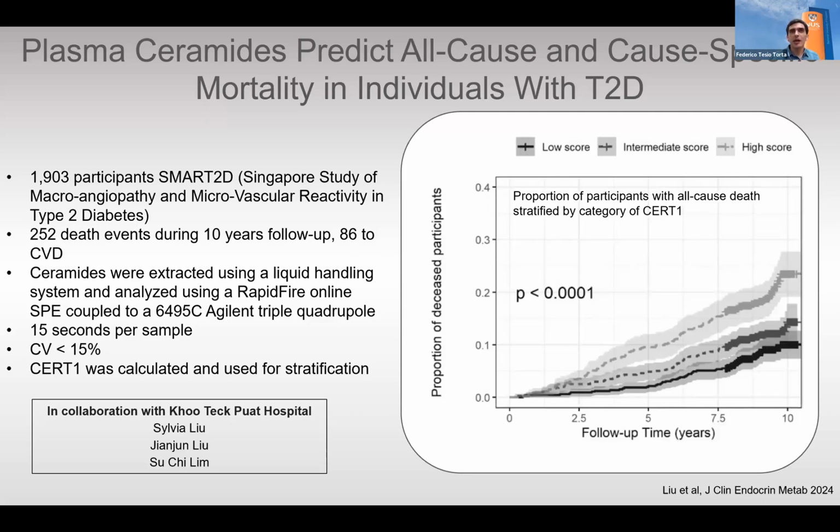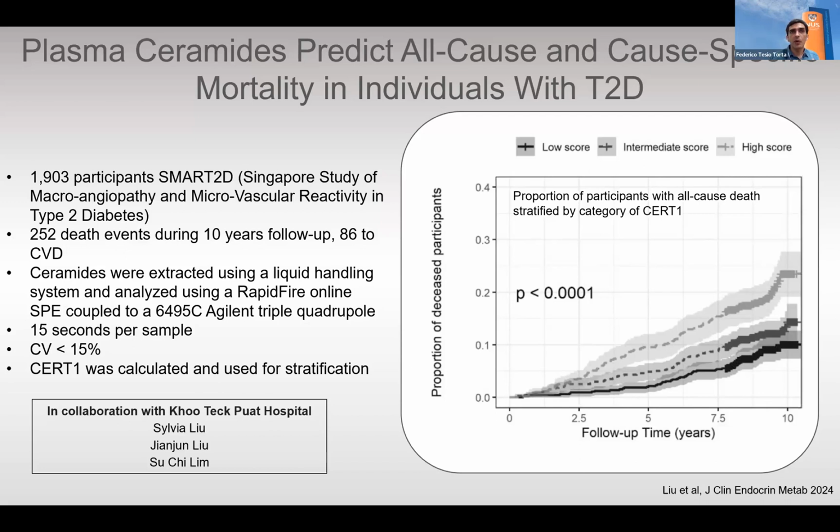So we analyzed around 2,000 samples from this cohort with a 10% mortality rate. We used the rapid fire method to measure the ceramide concentration. And then at the end, we calculated the CERT1 score to stratify into risk groups.